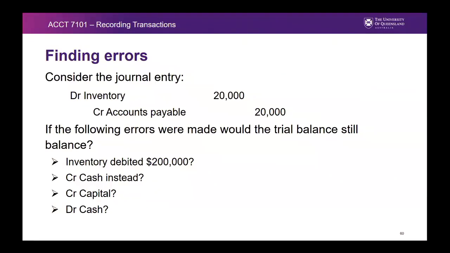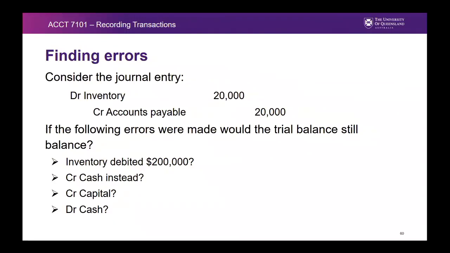Now, what about the third one? So what if I debit inventory, I credit capital. I'll call this share capital. So if I credit share capital 20,000, would my trial balance still balance? It should. Yeah, I've still got the same number of debits and credits in the system, so it should still balance.